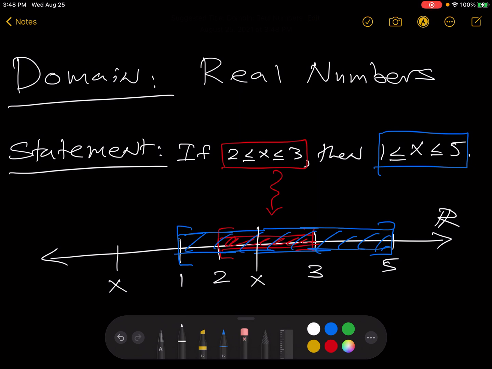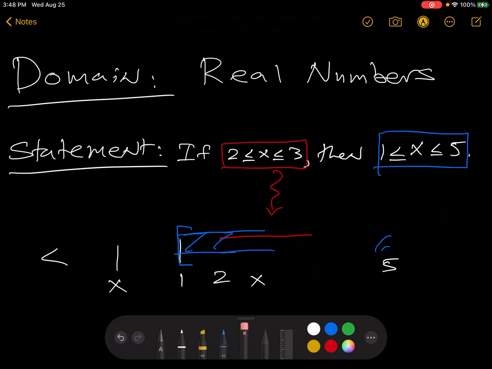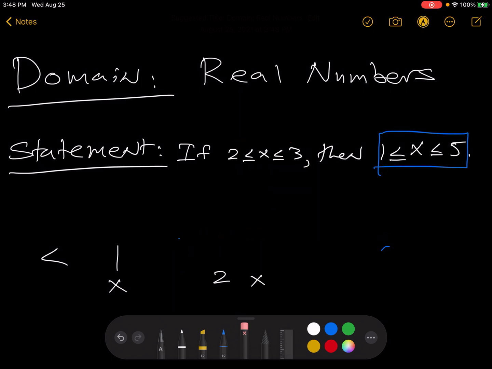All right, let's try and think about a situation where we can make this statement false. Let's change our interval from 2, 3 to 0, 6.